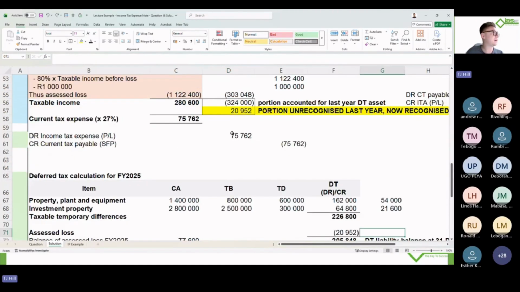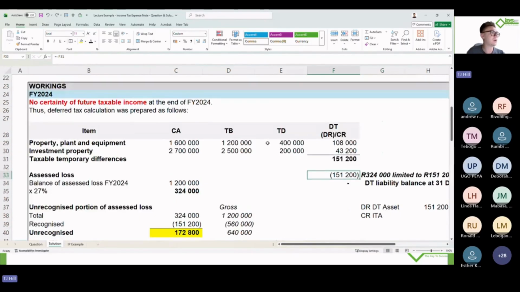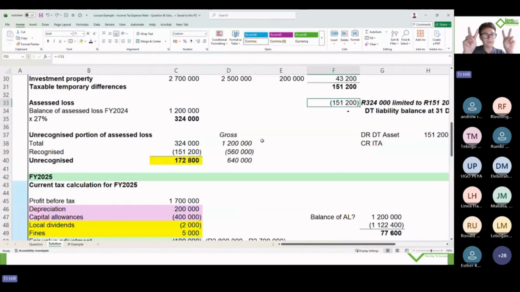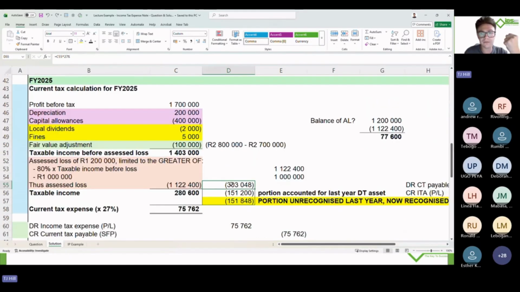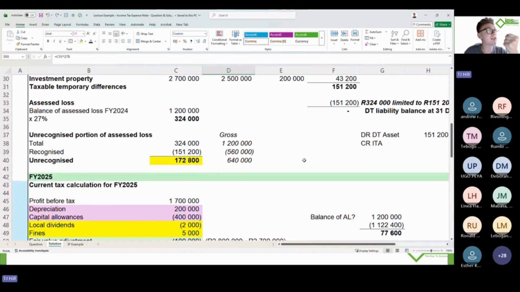But now, if I go back to what it was, my expectation as an asset last year, when I recognized the deferred tax asset, was lower than the true scenario of this year. You see, this year's scenario is much more positive than I expected. My tax is reducing way more than I told my users last year that it would be.